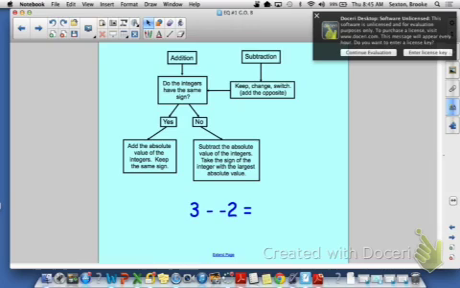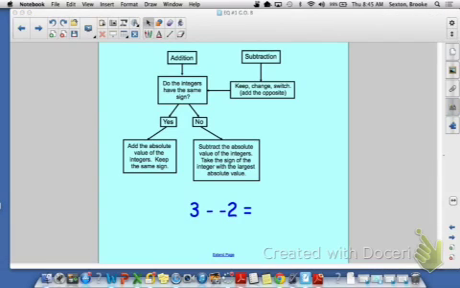Now it's about to get a little bit more tricky. We have a subtraction problem. 3 minus -2. So now I'm going to start over here. For subtraction, the next step is to keep, change, switch, which basically means to add the opposite. First we have 3. I'm going to keep 3 exactly the same. After that we have a subtraction sign.